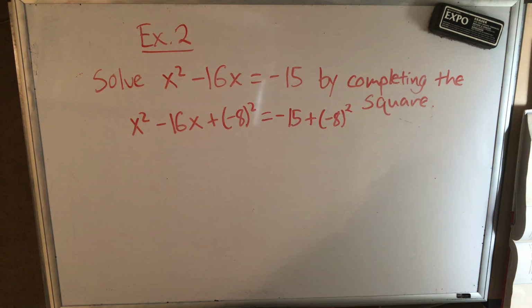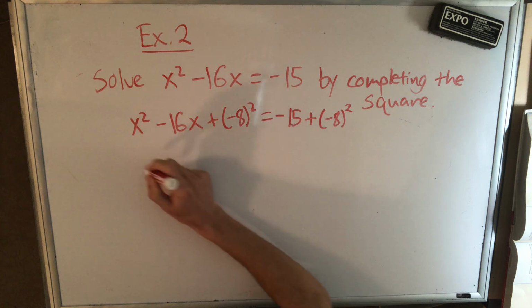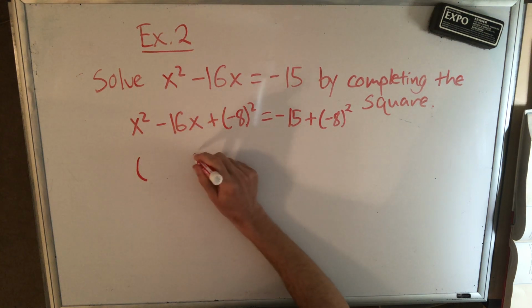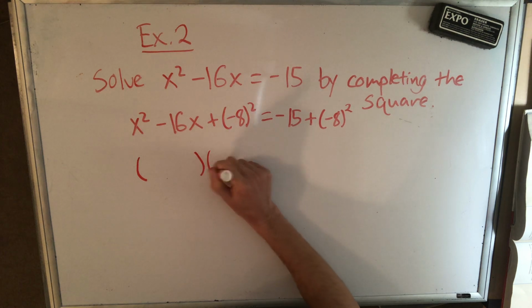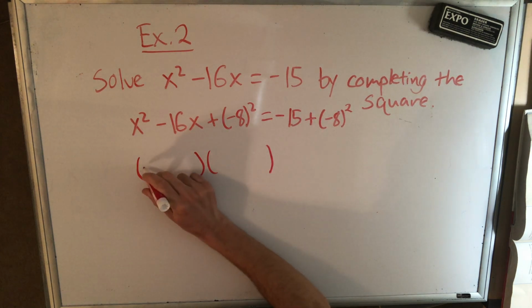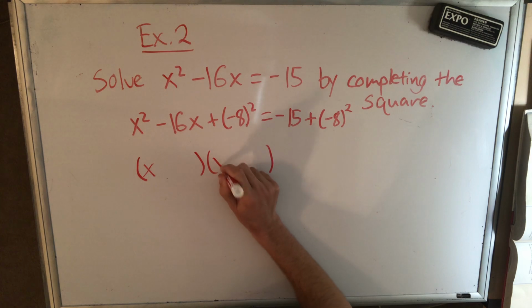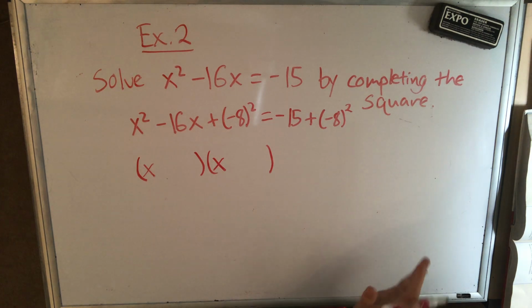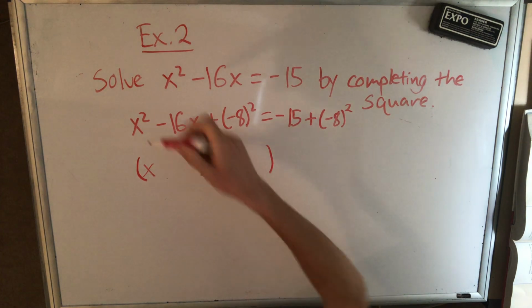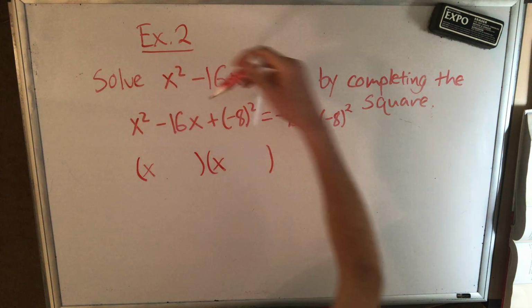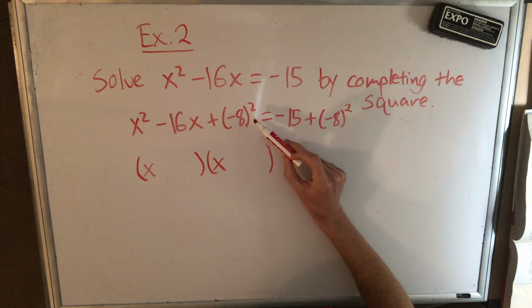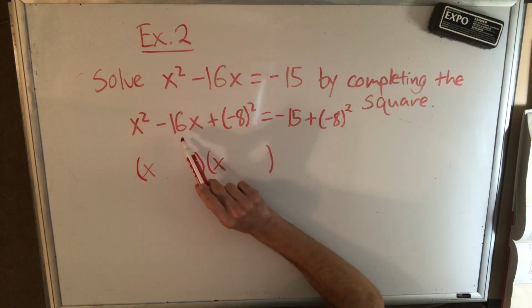And then we're going to factor the left side by, let's make 2 sets of parentheses. Let's put the variable at the beginning of each of the parentheses. So this is the same situation as example 1. We have a variable squared term not being multiplied by a number, a variable term, and then a constant which is equal to the square of half of the coefficient of the variable term.